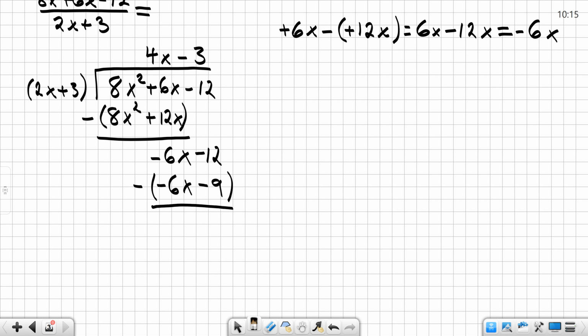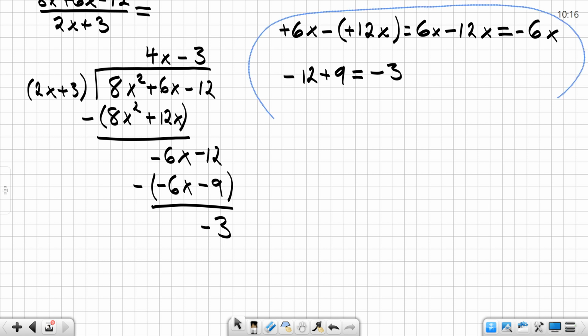I place the parentheses, I subtract this from the top, and I get negative 6x minus a negative 6x goes away. Negative 12 minus a negative 9 is negative 12 plus 9, and that is just negative 3. And we have a remainder.